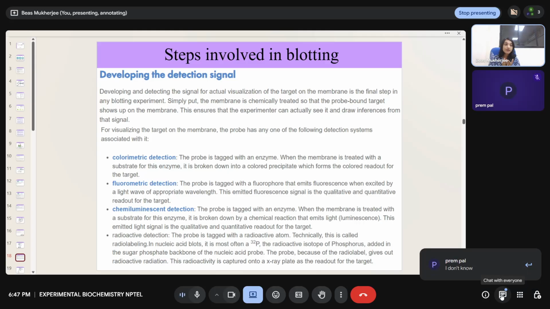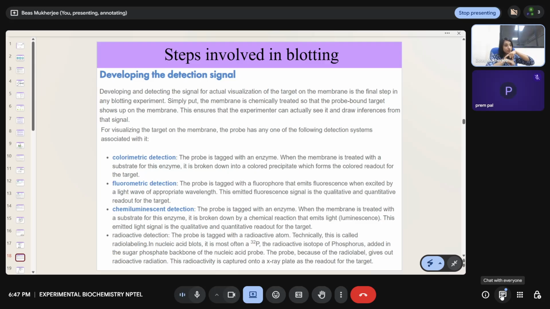So primer, what is a primer? Primer is also an oligonucleotide that is used during PCR or polymerase chain reaction. So you have the DNA of interest or RNA of interest. Primer is also an RNA or DNA oligonucleotide. It will come and bind, and then what happens? Then you will add the polymerase and it will start amplifying, right? But what happens in case of a probe?